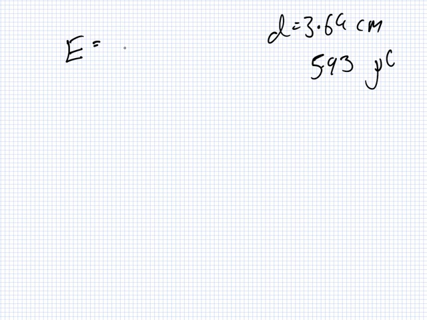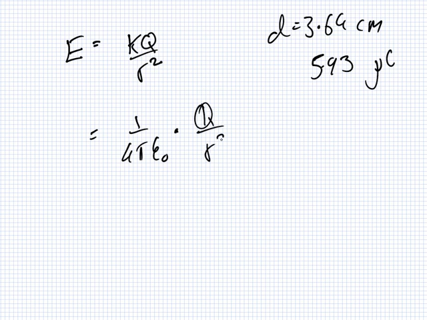This one is the one that goes KQ over R squared. Or if you want to use the other constant, 1 over 4 pi epsilon naught, Q over R squared. Now the K is actually in the formula book at the start.